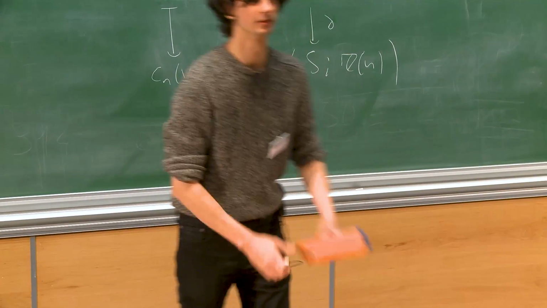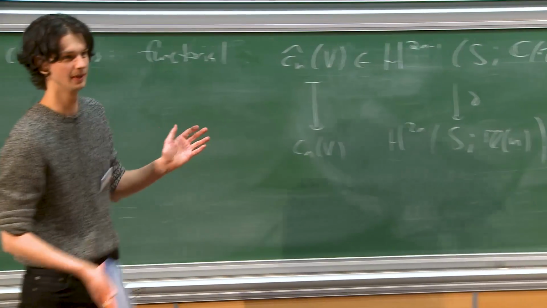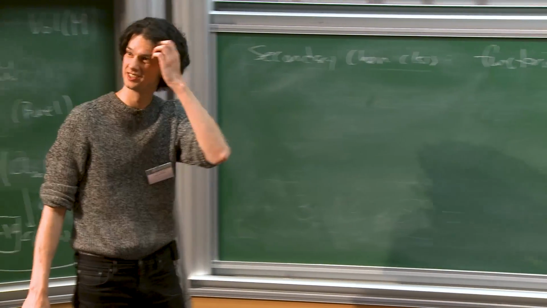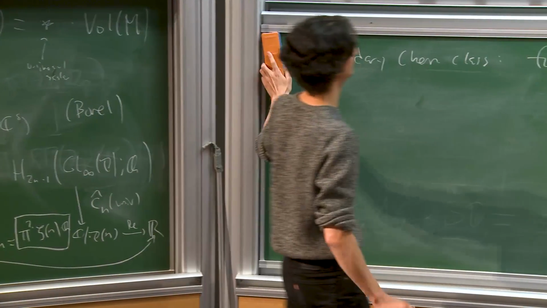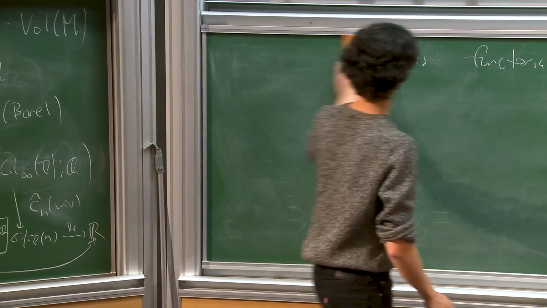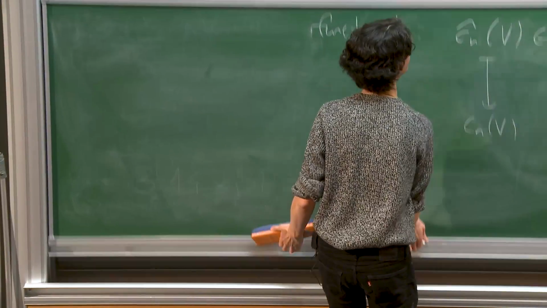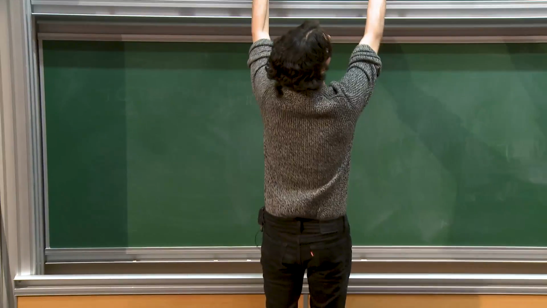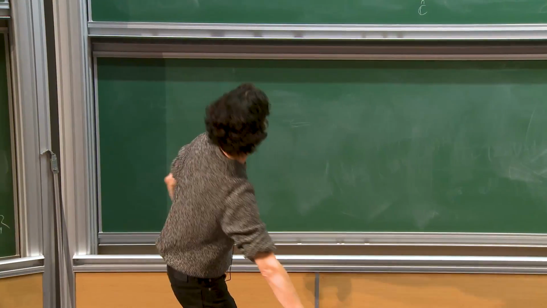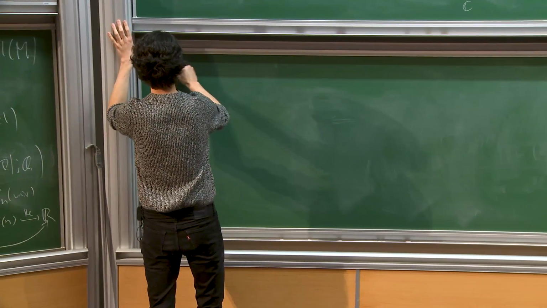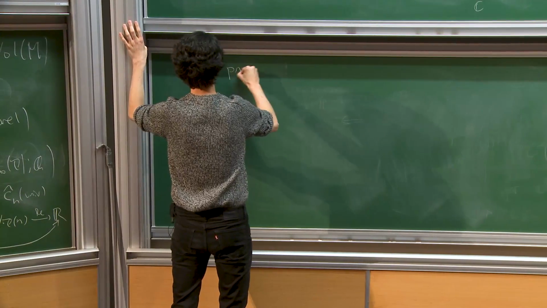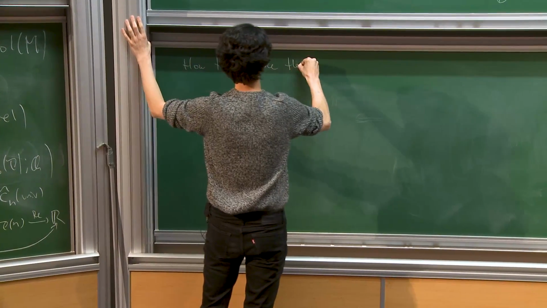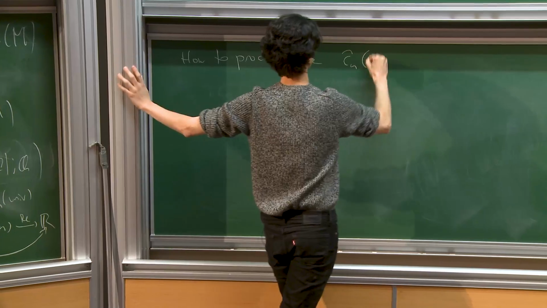So, right. I'm telling you this is a wonderful theory, but you have to prove it exists. So how to produce these secondary Chern classes?